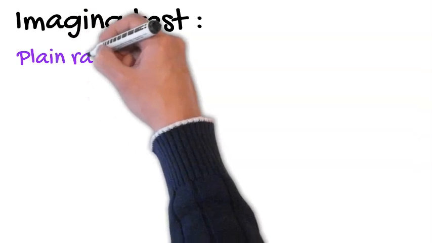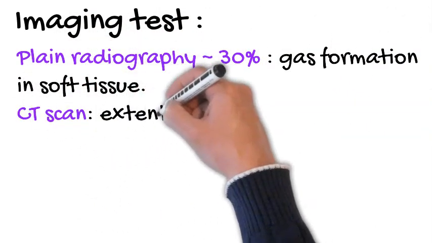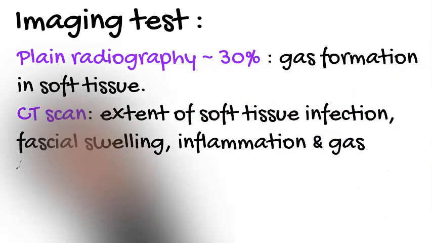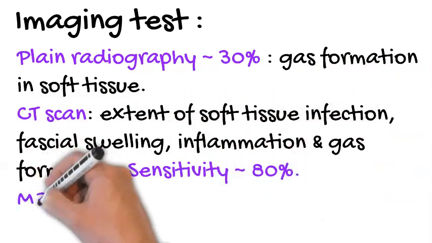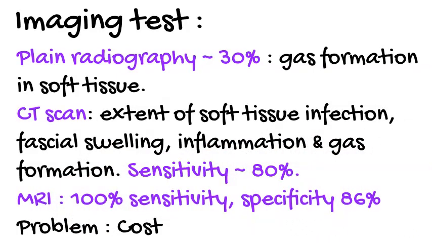Imaging tests. Plain radiography has low sensitivity and specificity. Around 30% show gas shadow formation in the soft tissue, and absence of gas shadow does not exclude necrotizing fasciitis.